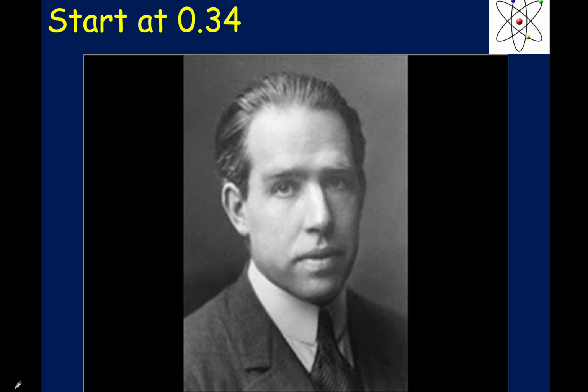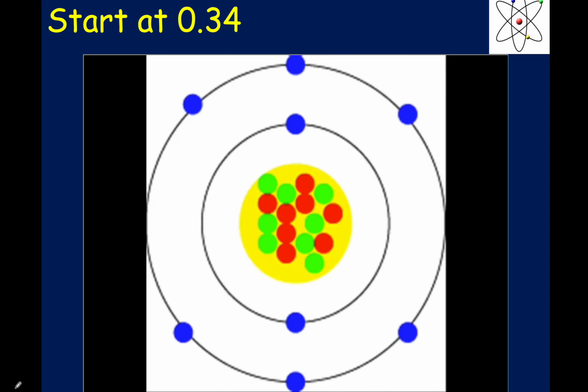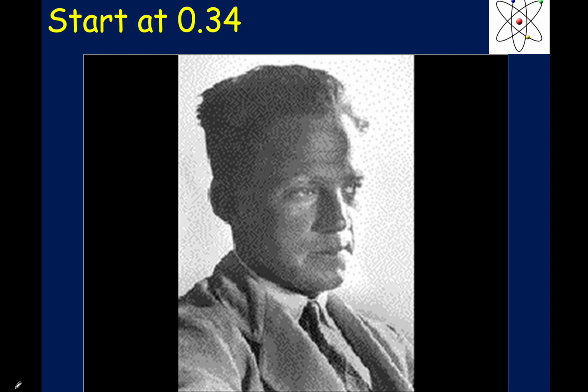Bohr saw spectral lines for hydrogen and said, it seems to me electrons move in orbits with specific energies. Heisenberg said, forget it, there's no way to know the orbit or a path where the electron's gonna go.